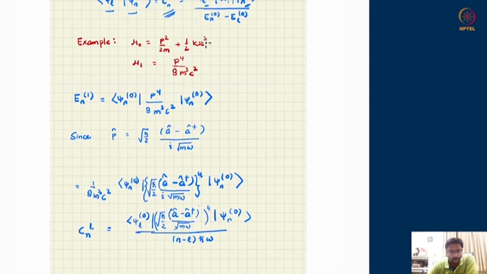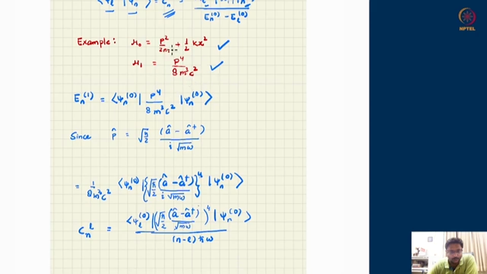So we will take the Hamiltonian of a harmonic oscillator, which is this, and as we know, we can insert a correction term coming from the correct description of kinetic energy, which is the fourth power of momentum, which comes as an additional term.